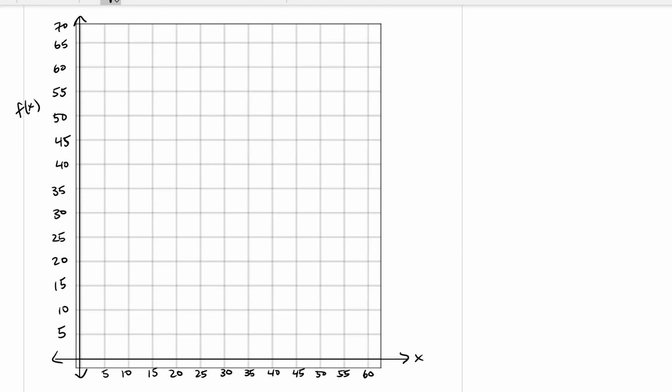We know that when the townspeople use less than or equal to 2,000 gallons of water, the cost is $58. It's a constant function, so everything between 0 and 20 on our x-axis results in a cost of $58.